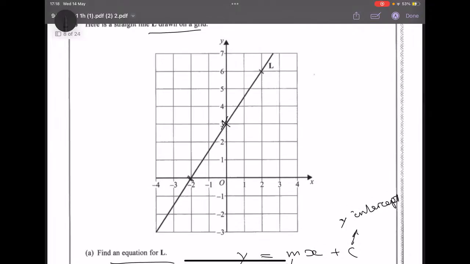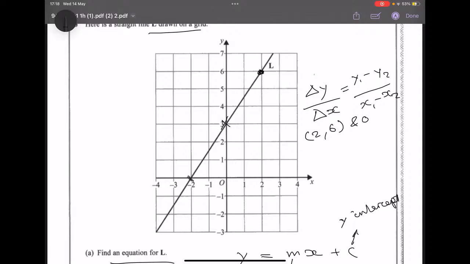Now for the gradient, we use the formula change in y over change in x. To do this, we do y1 minus y2 over x1 minus x2. So if you took a point here, 2, 6, and you took the point 0, 3, y1 minus y2 would be 6 subtract 3 over 2 subtract 0, which would be 3 over 2.